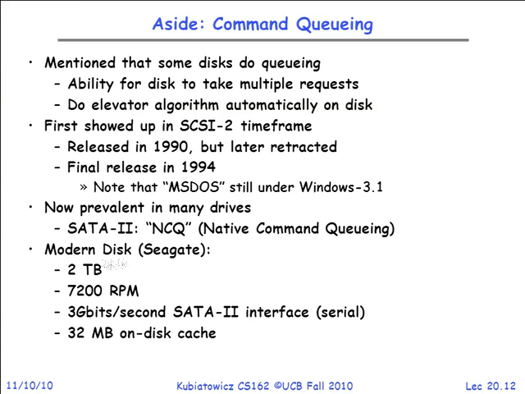SATA is a more recent one, called Serial ATA. SATA 2 is the latest interface, with 3 gigabits and up to 6 in some instances, so it's the latest, fastest version. If you buy a desktop, it's probably going to have SATA on it.